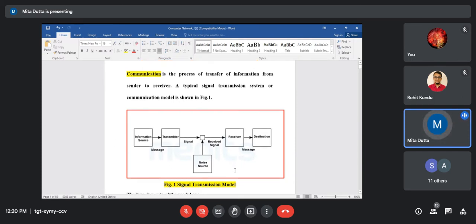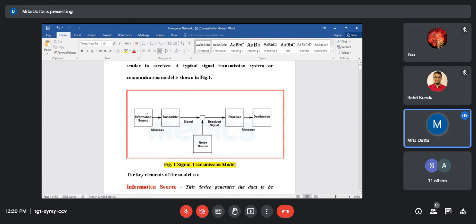From the figure, the first one is the information source. This information source generates an information signal or message signal that is transmitted through this small block, which we take to be a channel or a medium, so that we can send it from the information source and transmitter, which we take to be the sender, to the receiver and destination, which is the receiving end side.